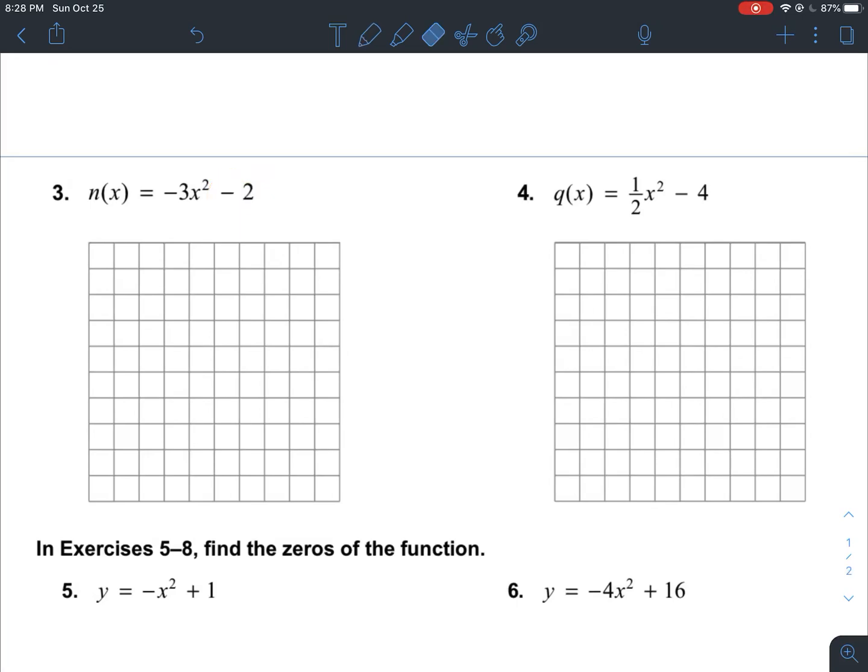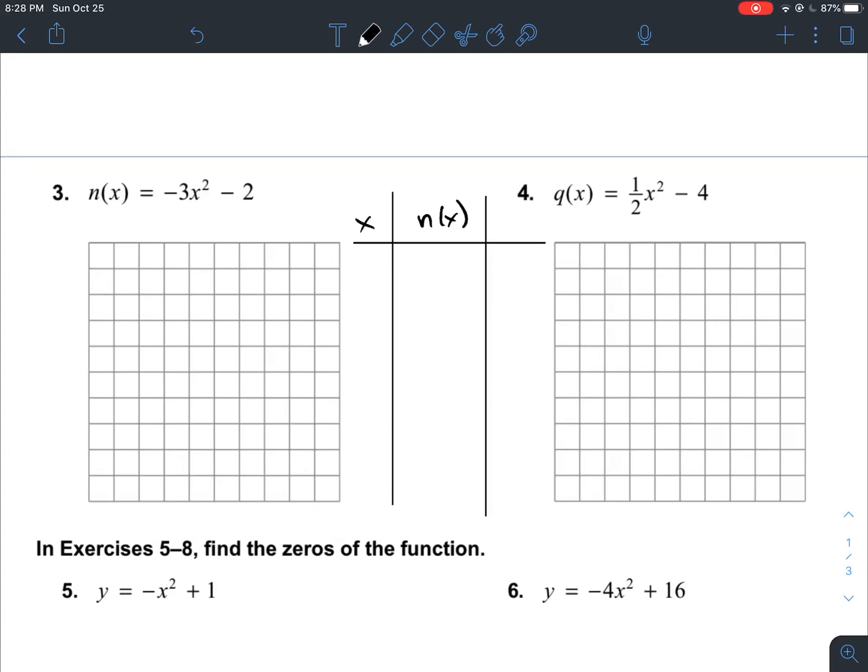Okay, so let's go ahead and make our table. So here I'll put in my x values, or my input values, and I'm probably just going to skip f of x. I think at this point we actually know how to draw f of x. So I'll just do n of x right here.